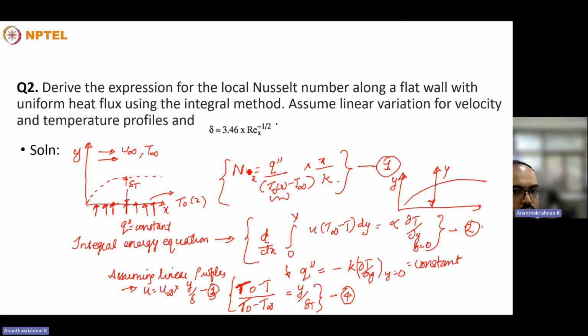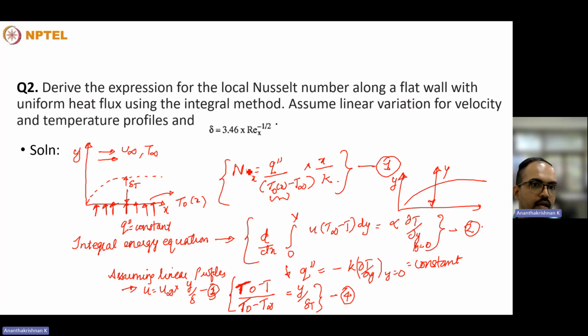Basically, in this case, it's a case of an integral solution where we assume the velocity profile and the temperature profile to be linear, as given in the problem. The hydrodynamic boundary layer thickness for the linear velocity profile is also given in the problem as 3.46 x Rex raised to minus 1 by 2. So the question says how we can determine the Nusselt number equations for this linear velocity profile.